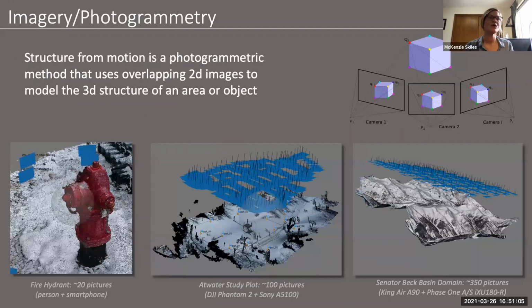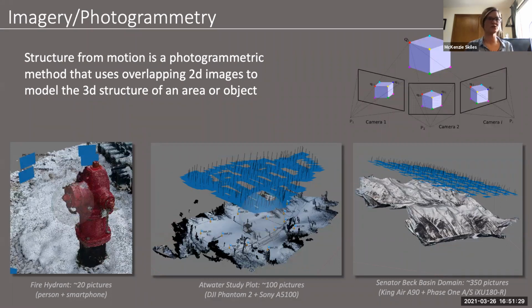Okay, so then let's talk about structure from motion. We're shifting paths here from just surface information to volume information. And the way that we do that with images more and more commonly is using something called structure from motion.